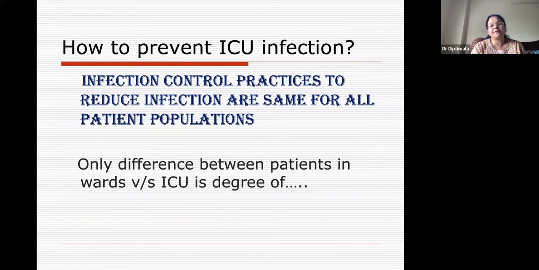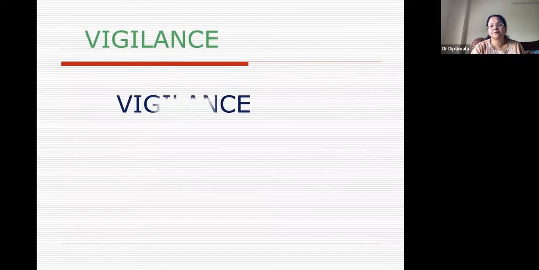Now, how to prevent these infections? Infection control practices to reduce infection are the same for all patient populations. Anywhere they are admitted in the hospital, infection control practices are the same, but the only difference between patients in ICU and ward is the degree of vigilance.